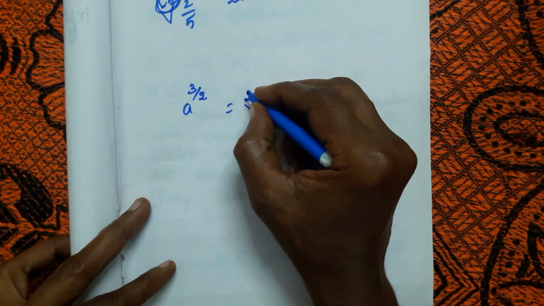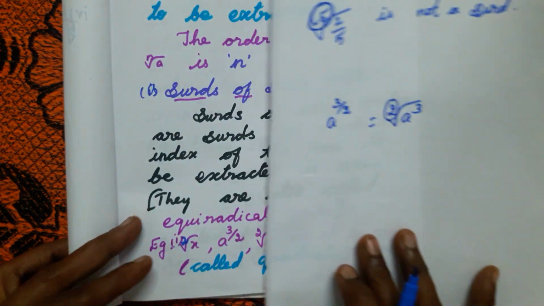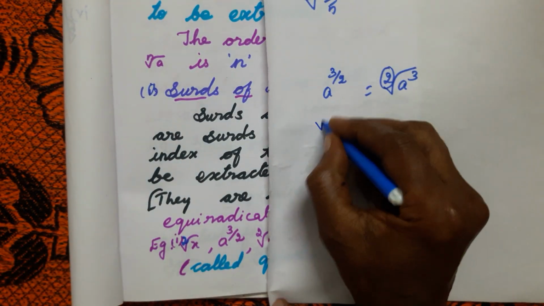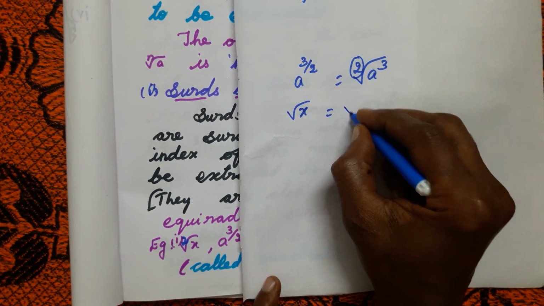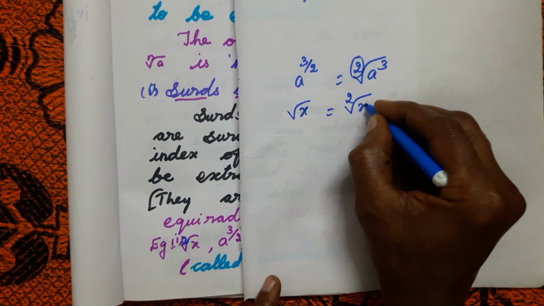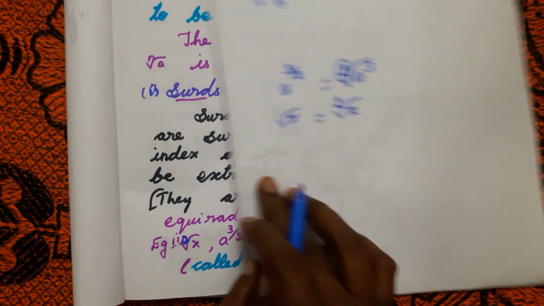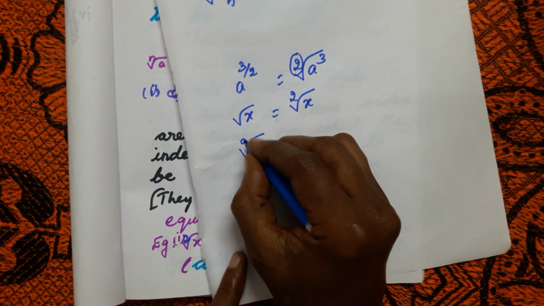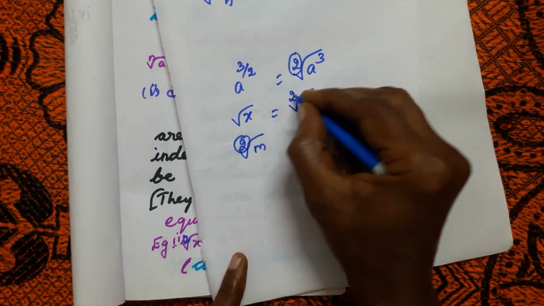What is the order or index? 2 is the index. Square root of x, the index is 2. Next, square root of m. Here also the index is 2.